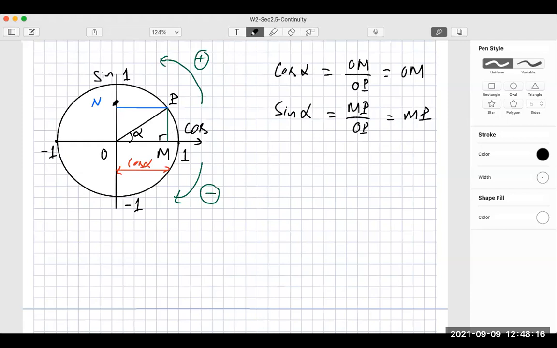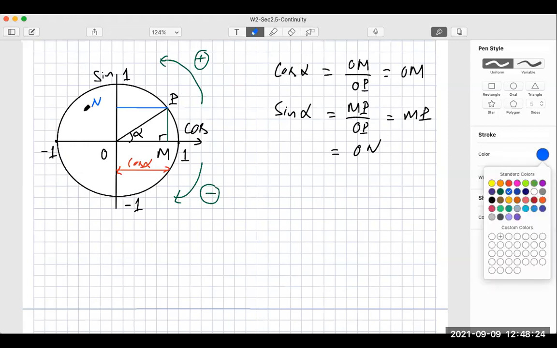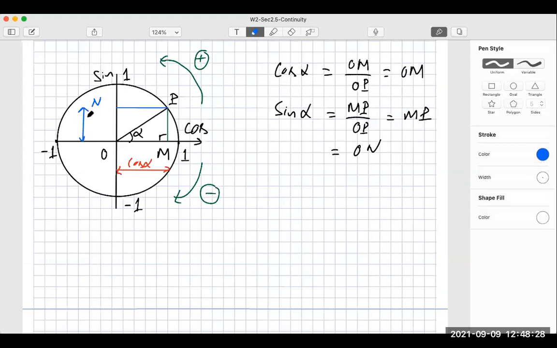And in this rectangle, MP is exactly the same as ON. So this distance will be the value of sine alpha. So in the future, for any given alpha, in order to find cosine or sine, we just project to the cosine or sine axis.